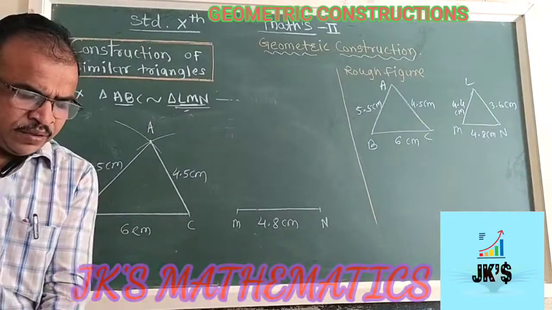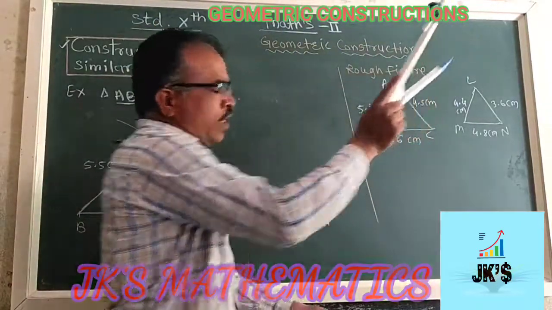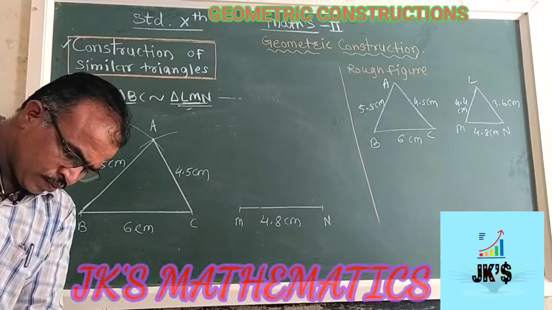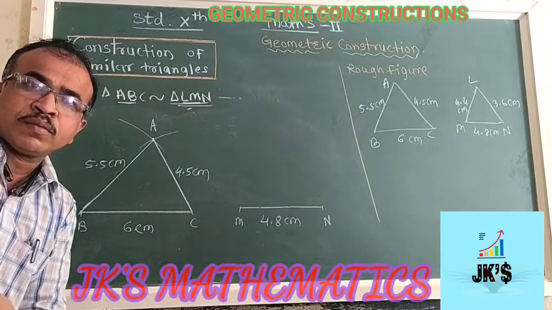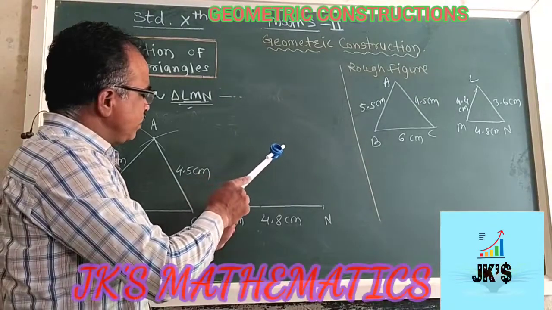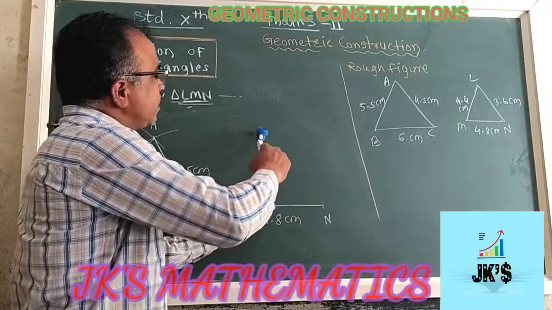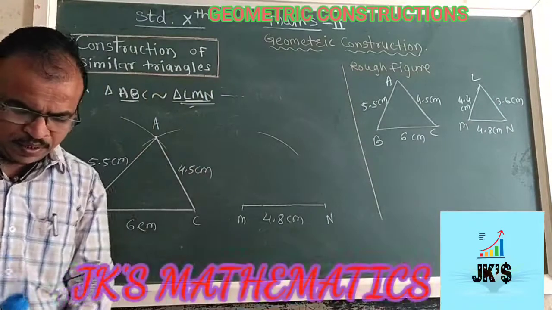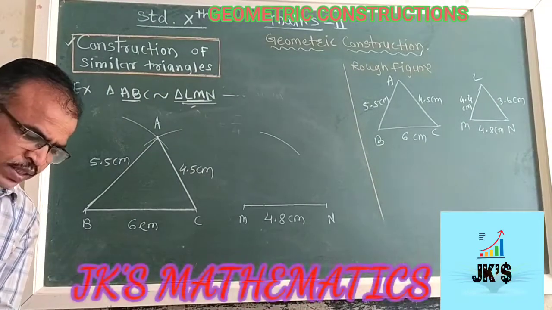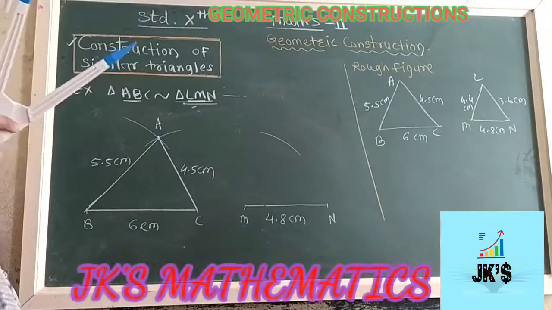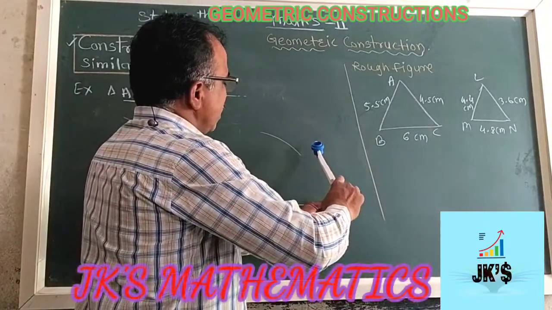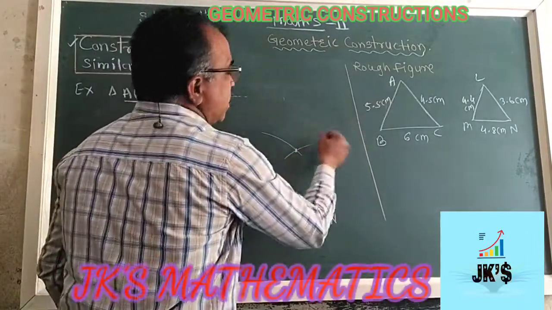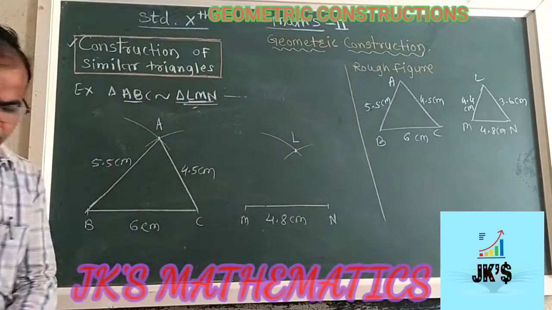Take the distance 4.4 in the compass and, from M, draw the arc. The distance of L from N is 3.6, so take the 3.6 distance and draw another arc. These two arcs intersect each other, and this point is nothing but the point L.